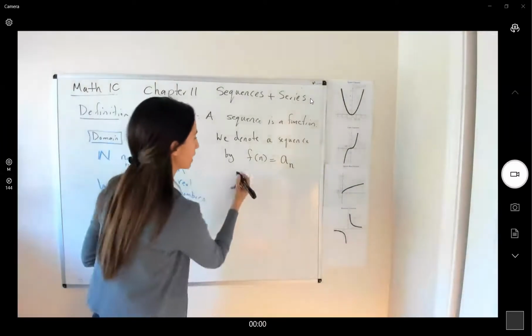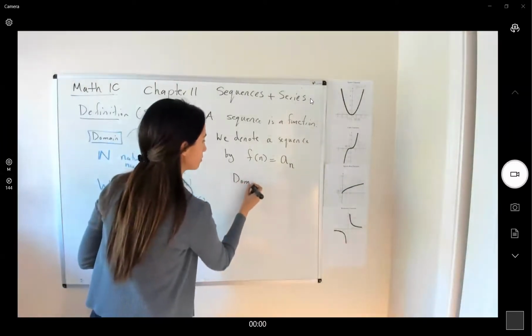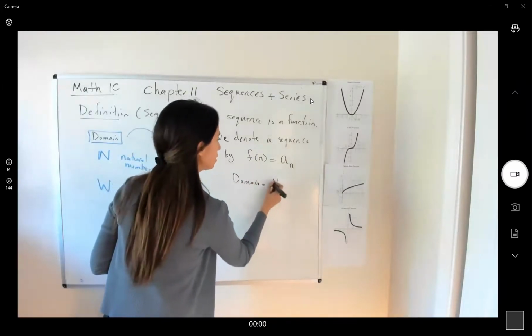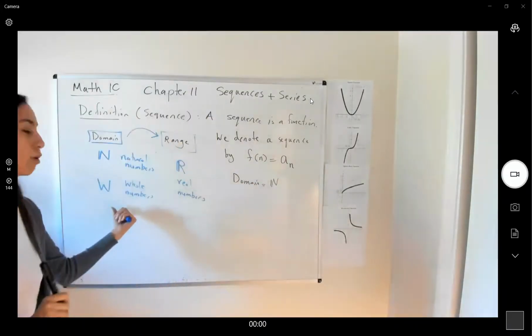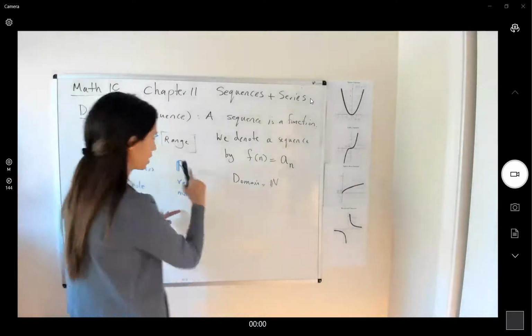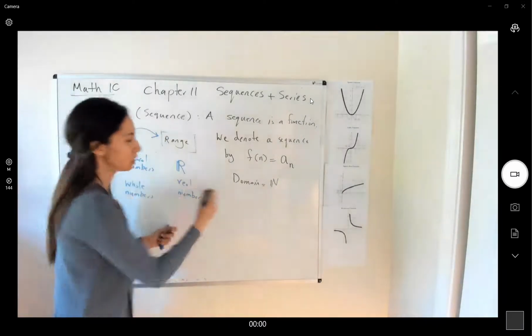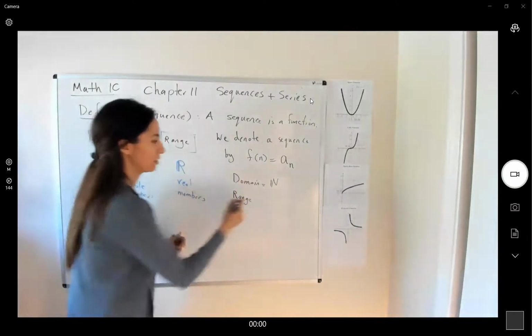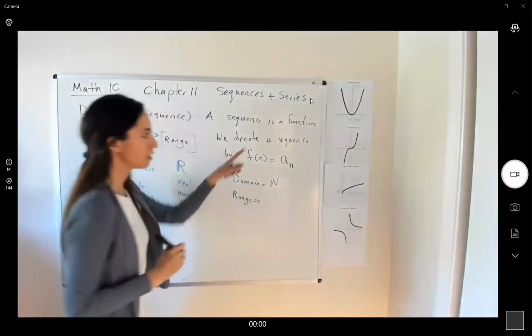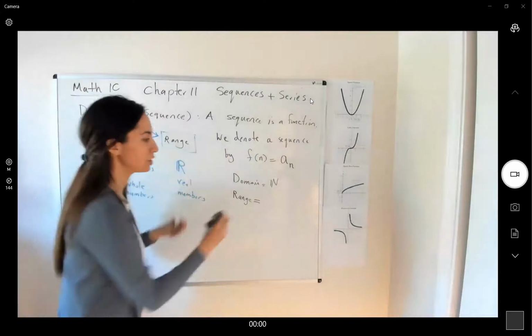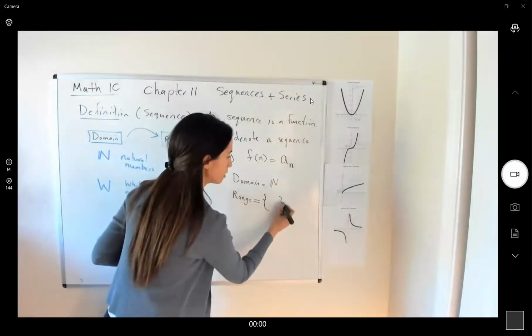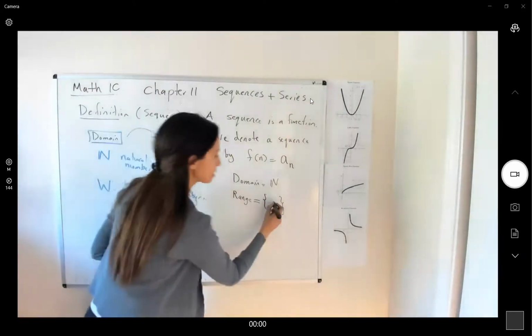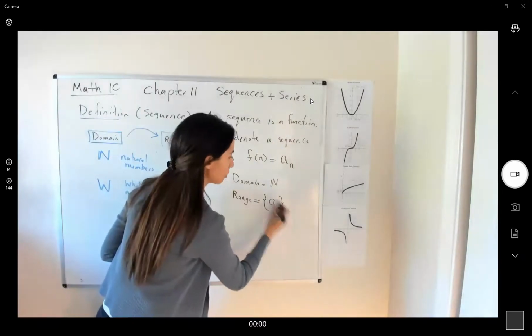So we mentioned that the domain is either N, or the domain can be the whole numbers, and the range is real numbers. Usually the range of a sequence can be denoted by curly brackets a sub n.